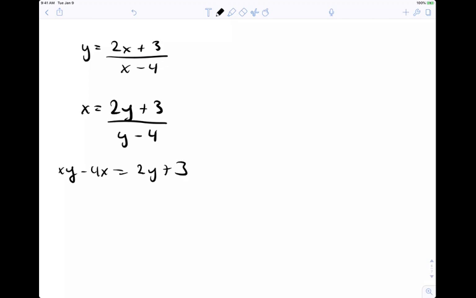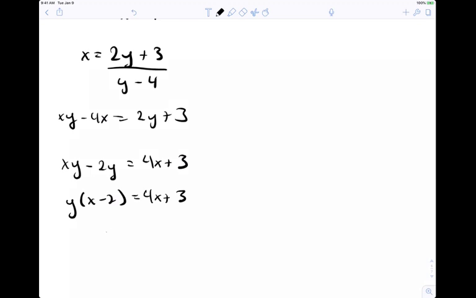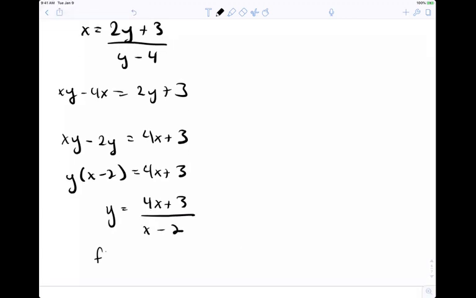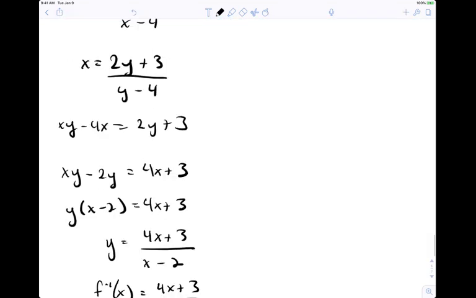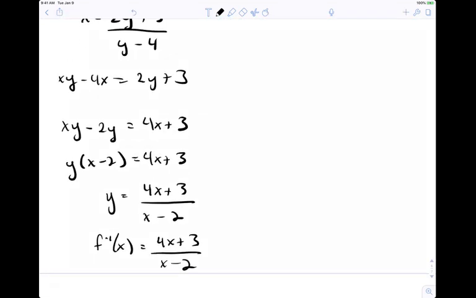So we get xy minus 2y equals 4x plus 3. Factor out the y: y times (x minus 2) equals 4x plus 3. So y is going to be equal to (4x plus 3) over (x minus 2). So f inverse of x is (4x plus 3) divided by (x minus 2).